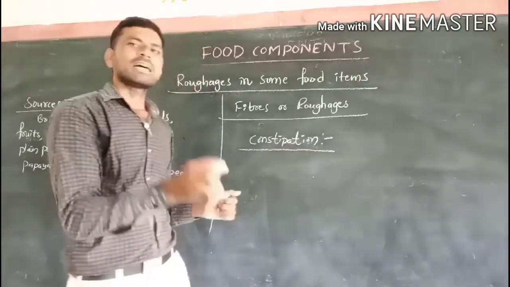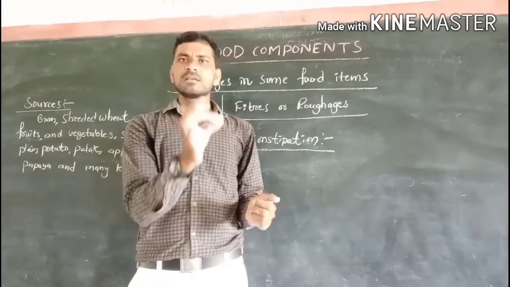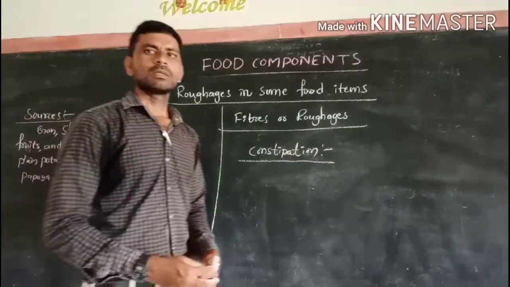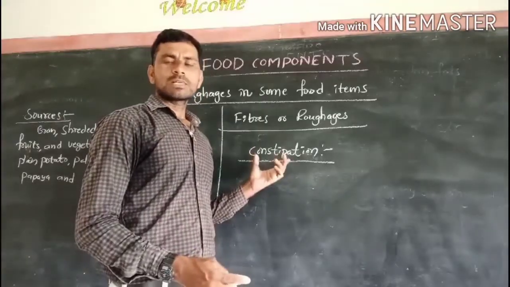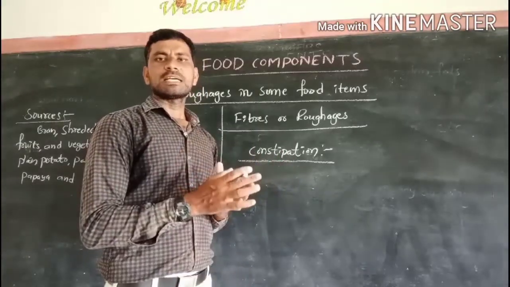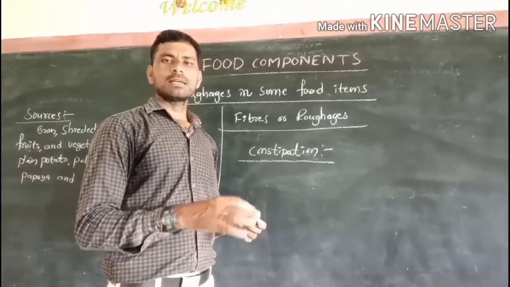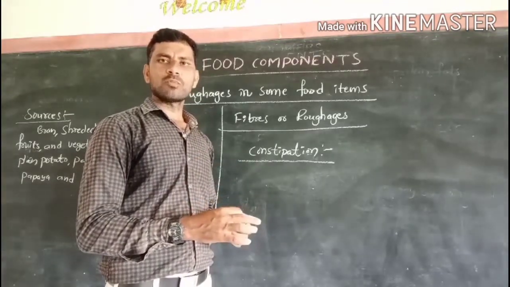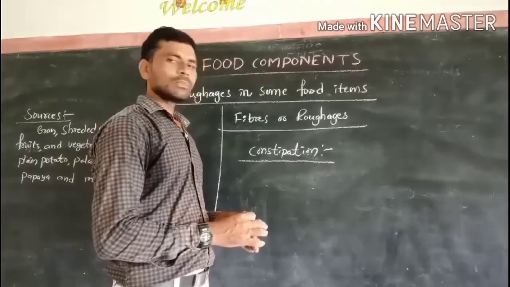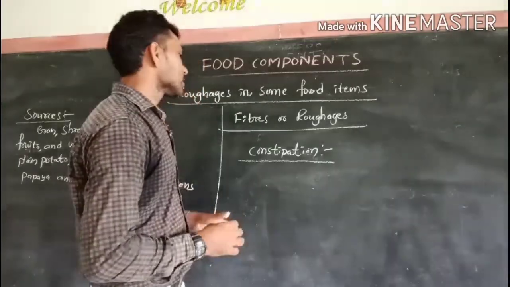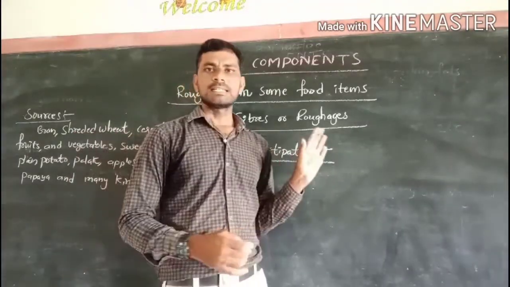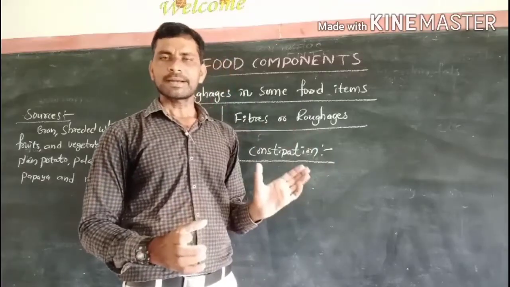They are thread-like structures. These fibers fill our digestive tract and then help in free movement. Once again, listen children. Fiber or roughages are one kind of carbohydrate.